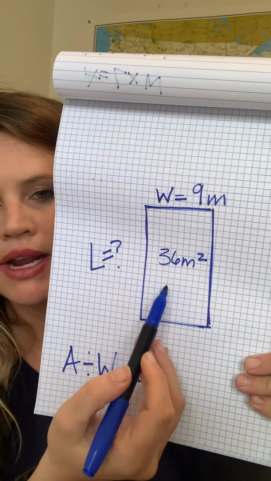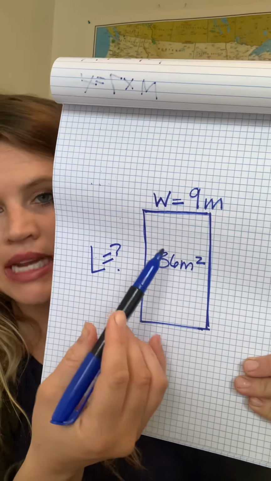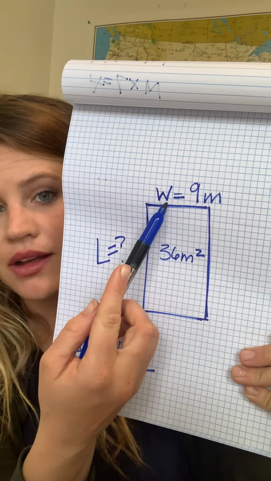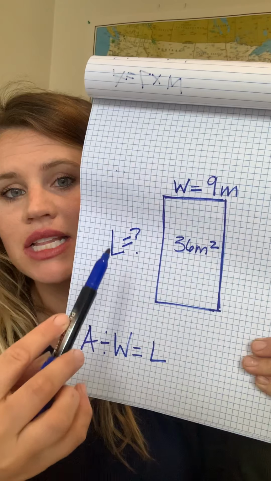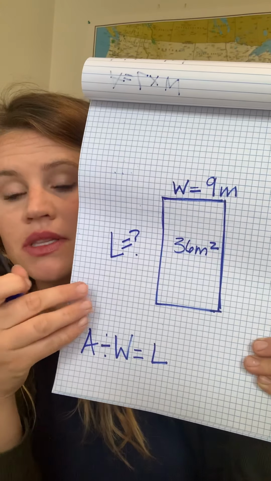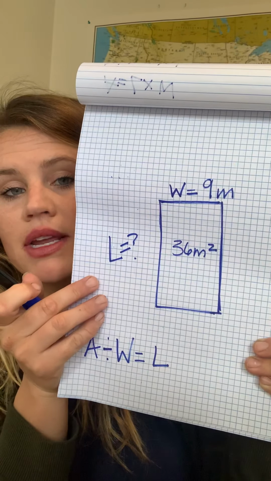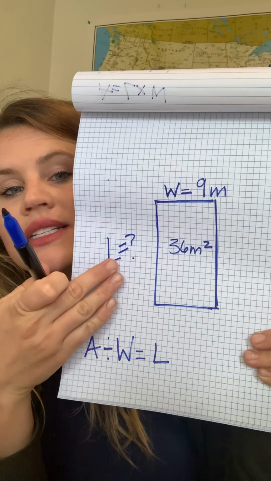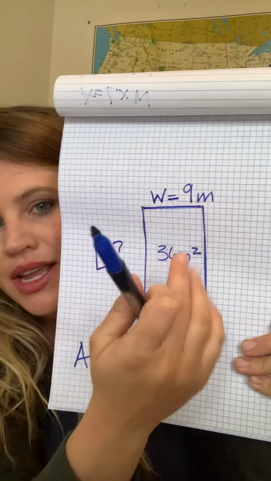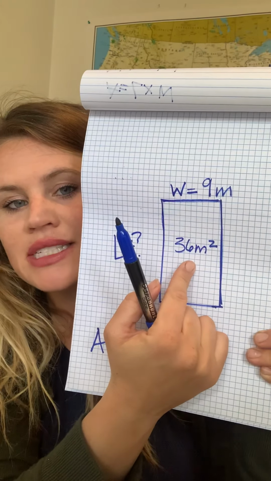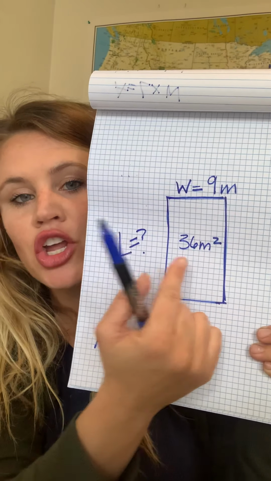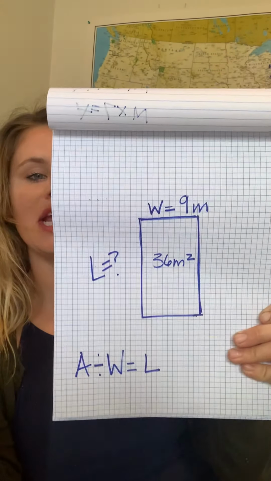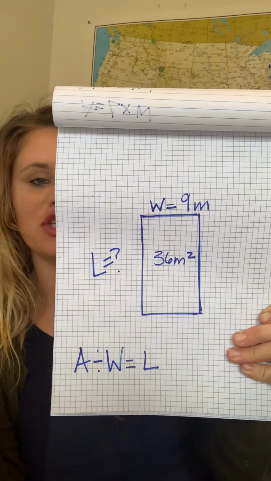I'm given the area. This time I'm given the width. I have to find the length. So I can either put this in a division problem, or I can ask, what times 9 is equal to 36 meters squared? You're just putting that into a multiplication problem, or you can do it as a division problem.